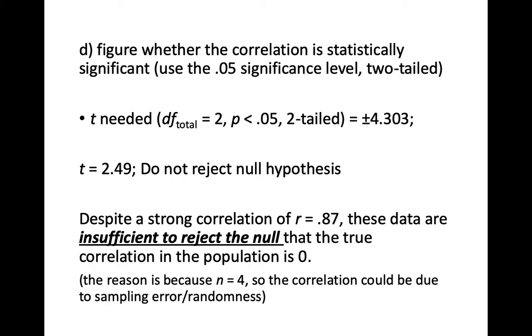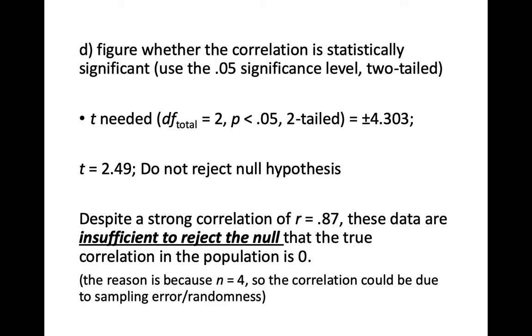Okay, and so in this case, despite a strong correlation, sure looks like there's an effect, sure looks like there's a relationship between hours of study and exam score. And among these 4 people, no doubt, to be sure, there is a strong relationship. But that's only among these 4 people. That's not what inferential statistics is.